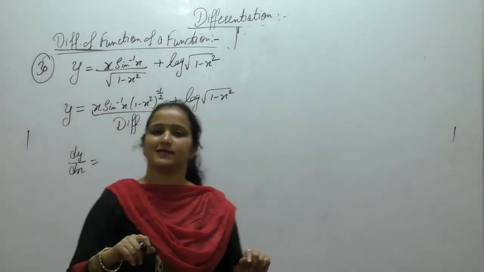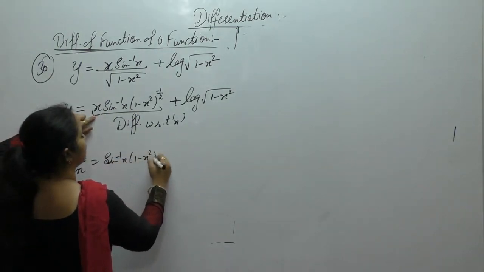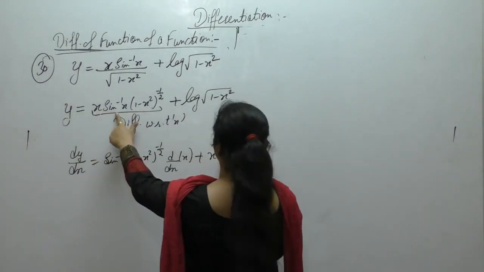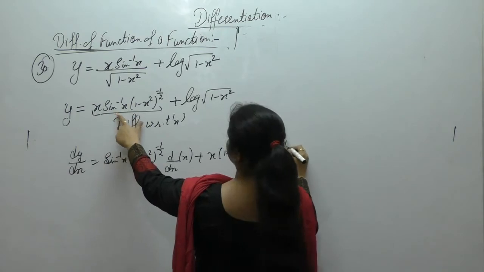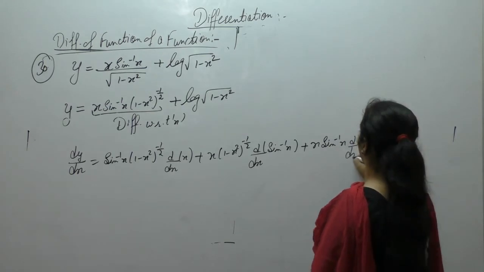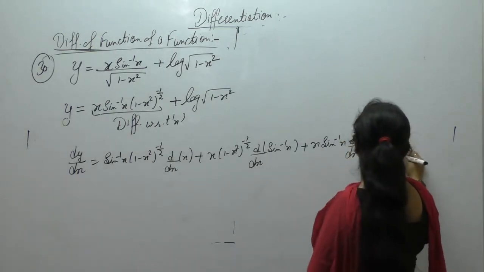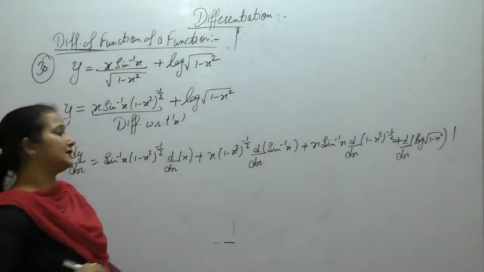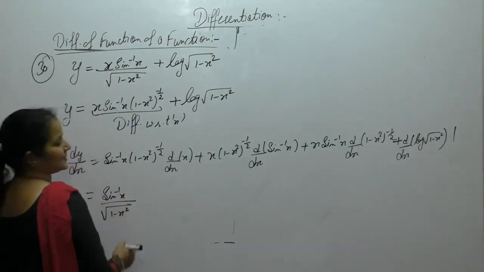So first, derivative of the first term, the other two as they are, sin⁻¹x, derivative of x; then derivative of the second, first and third as they are, derivative of sin⁻¹x; plus first and second as they are, derivative of the third term, plus derivative of log of √(1 − x²). Is it clear?